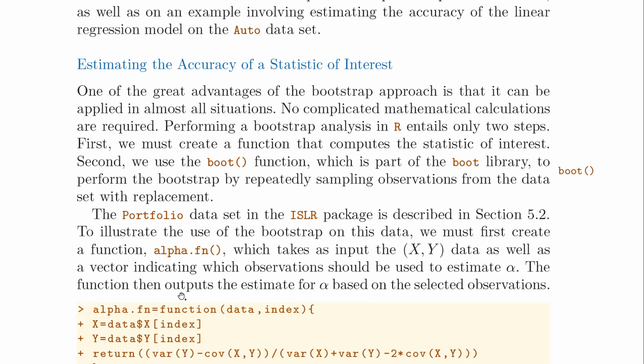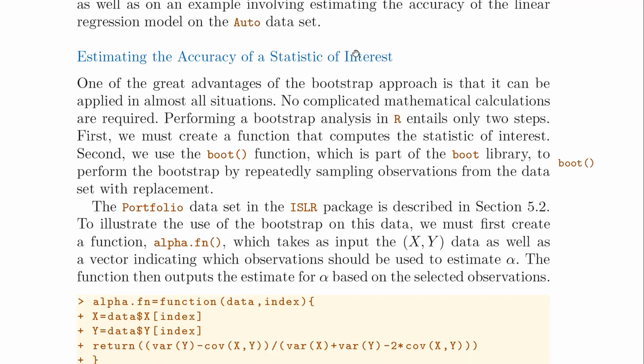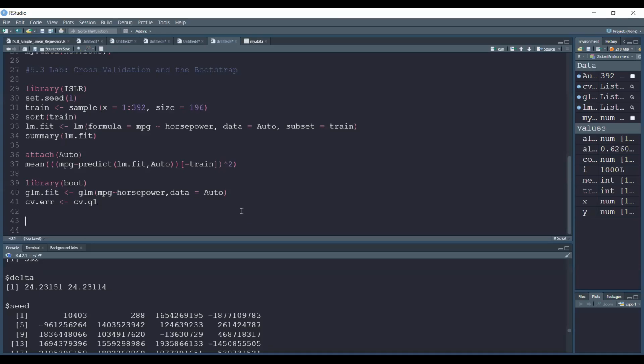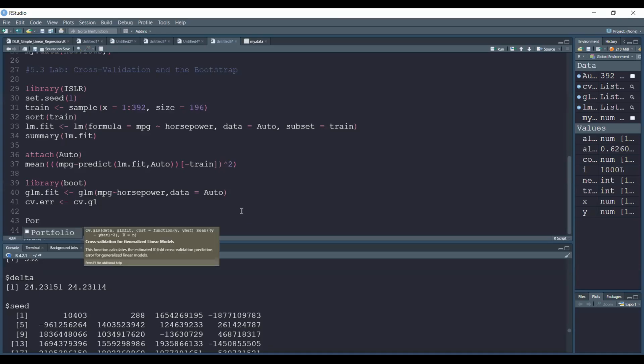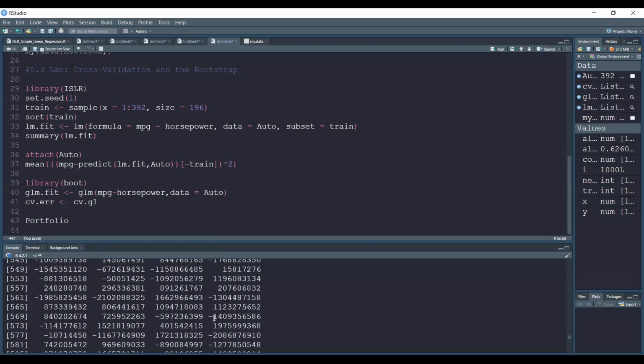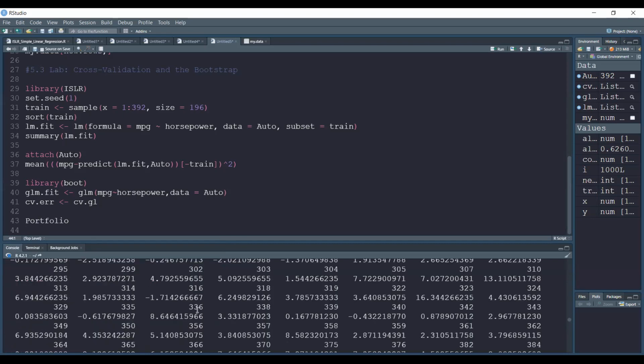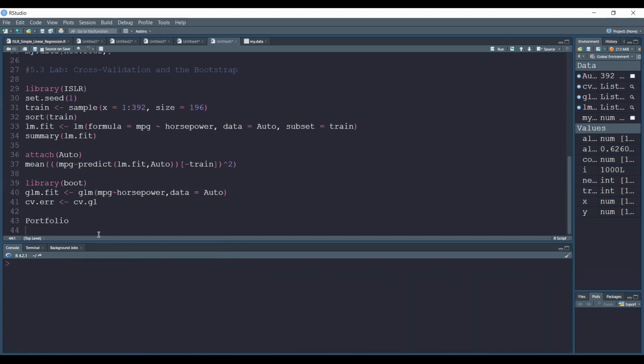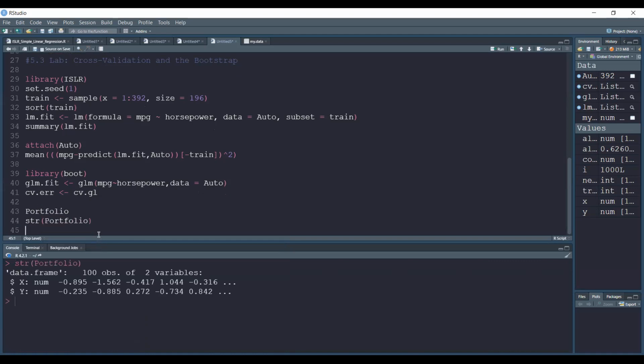Okay, so now there's the bootstrap, and bootstrap's going to be maybe a bit more interesting because I think this is the first time we're going to use the Portfolio data set. Although actually, what's the structure of this Portfolio data set? Okay, so it's just 2 variables.